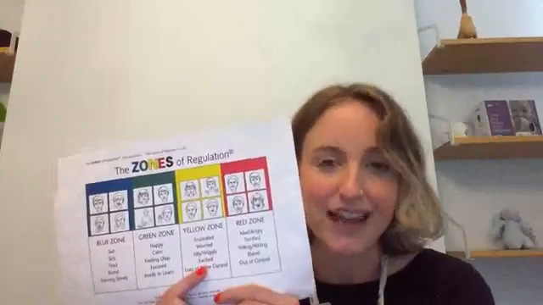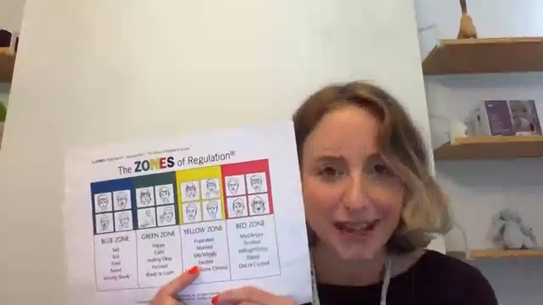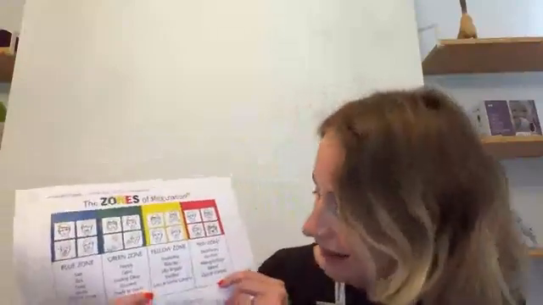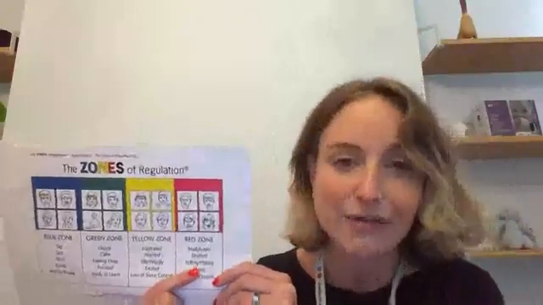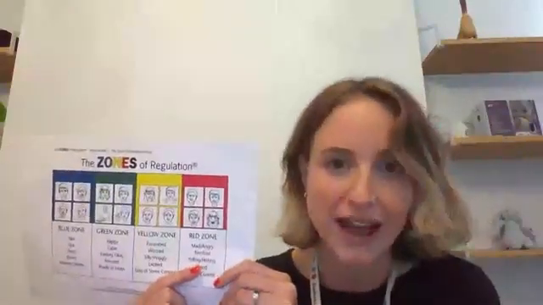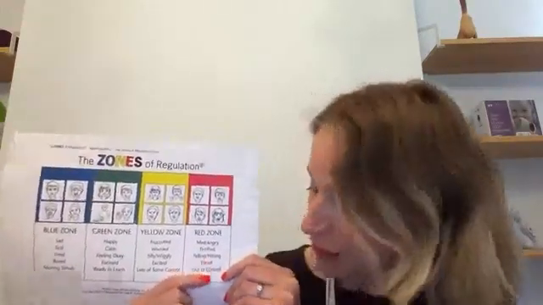So we might be feeling frustrated, worried, excited, a little bit wiggly, and we're beginning to lose control. And the red zone is when we've kind of lost control. So we're angry, terrified, in a panic, or we might also be frightened and we're kind of out of control, and that's when it's a good idea to stop.